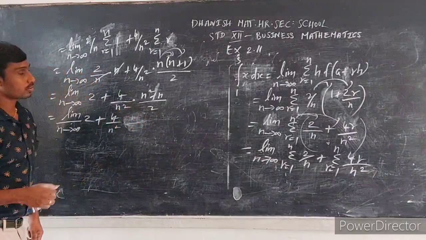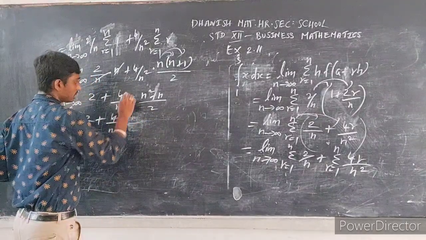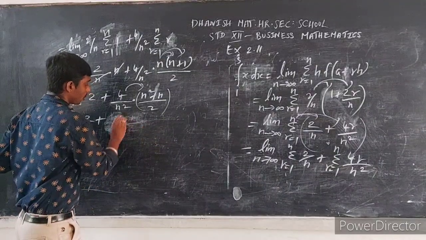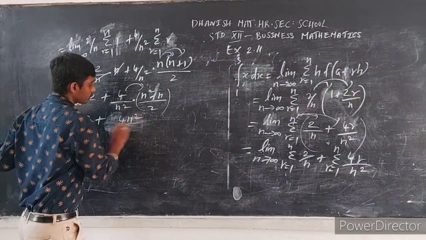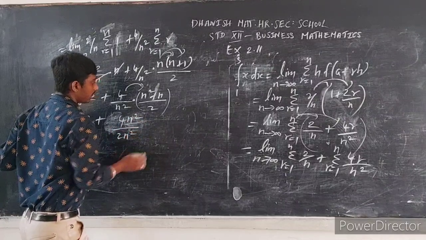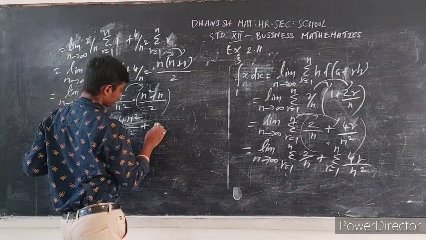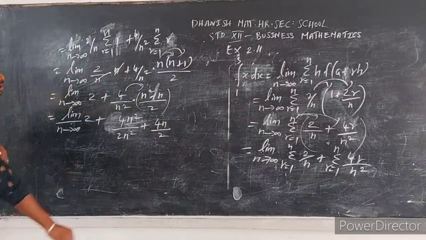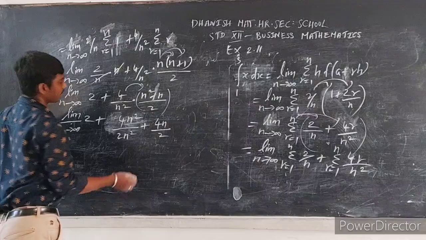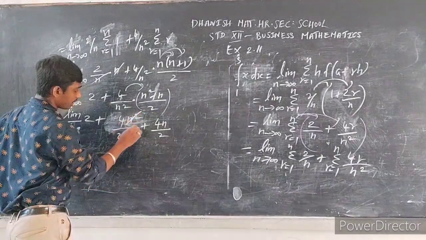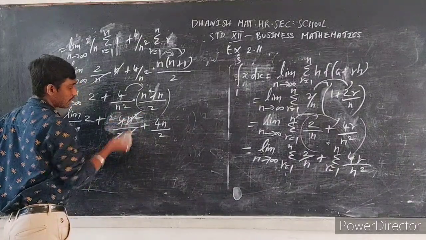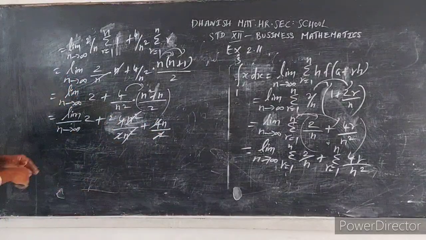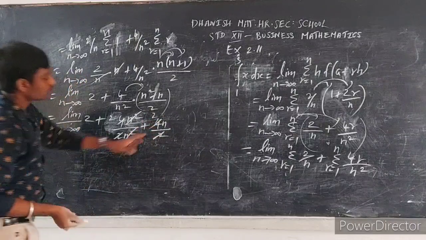This 4 will be multiplied into these terms. We have to write like this: 4n square divided by 2n square plus 4n divided by 2n square. Otherwise you have to cancel on this side also. n square will be cancelled. 2 2s are 4. Then here 2 cancelled. 2 2s are 4 here.